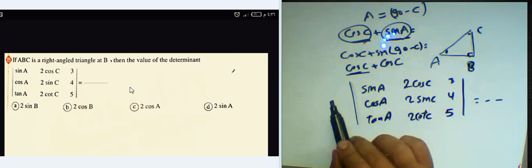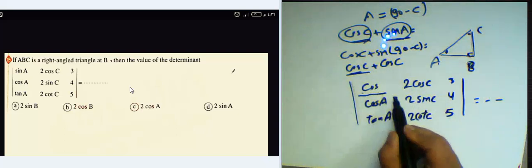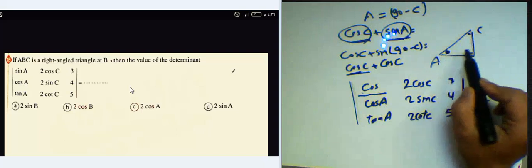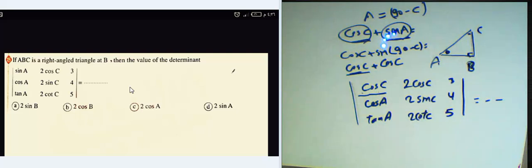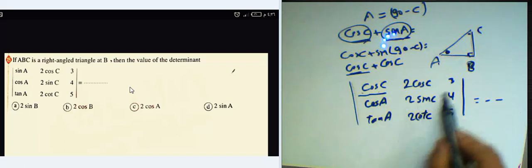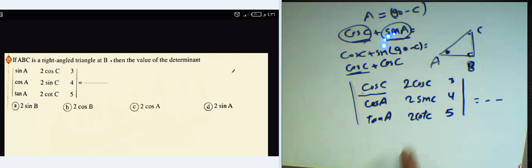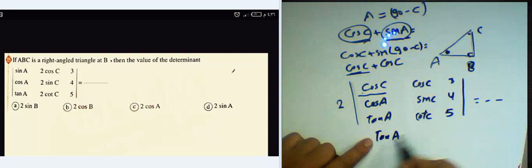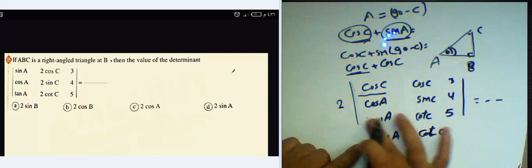They are equal. Then you can write sine A here, cancel it, and write cosine C. Sine A will be equal to cosine C. Okay, then cosine A goes to sine C, and we can write 2 outside as a coefficient here, and we know tan A equals cotan C. We can cancel tan and write cotan.